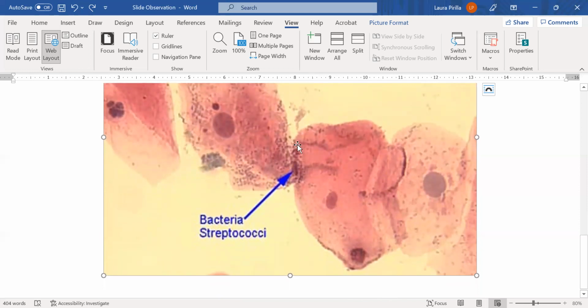But I wanted you mostly to take away from this: look how small these bacteria are compared to the cheek cell. Now, bacteria are prokaryotes, and human cells would be eukaryotic, meaning that they have a nucleus. And I just wanted you to take away the massive size difference between a prokaryotic cell and a eukaryotic cell.